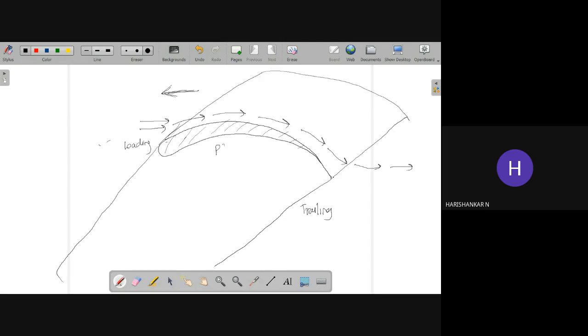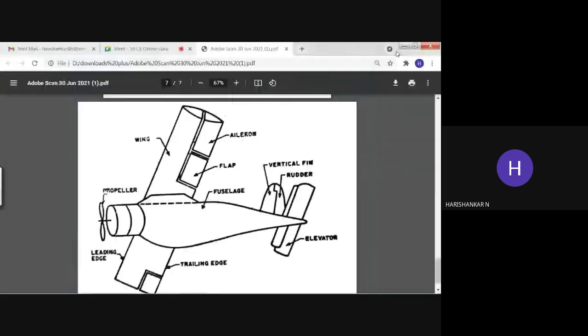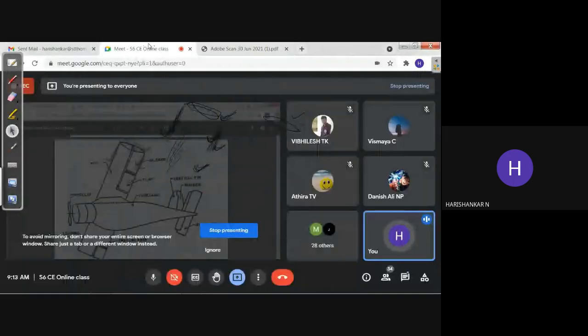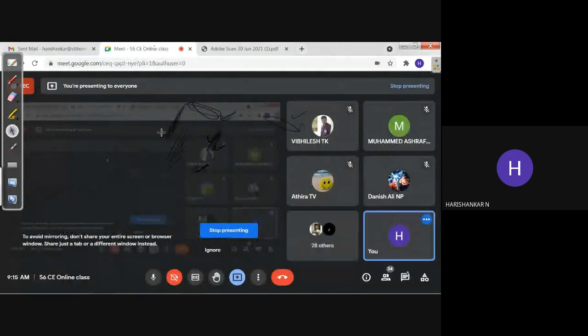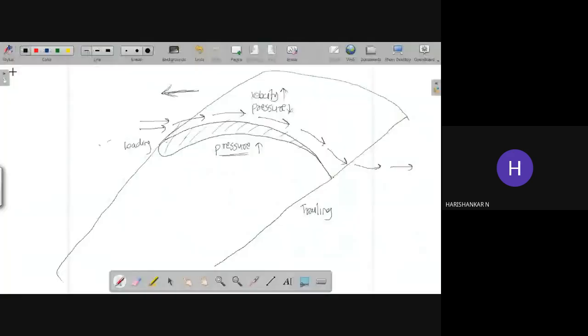So the pressure will be more at this zone. But here the pressure will be very less because the velocity is more. You studied that during Bernoulli's principle. We discussed it during the fluid mechanics lab, I remember. It is the principle behind a lot of gadgets.